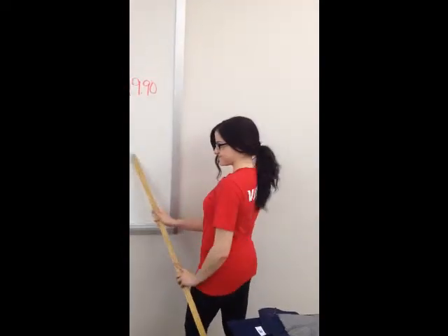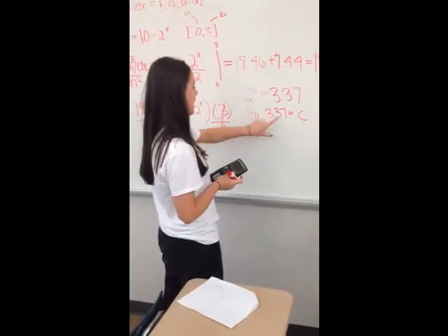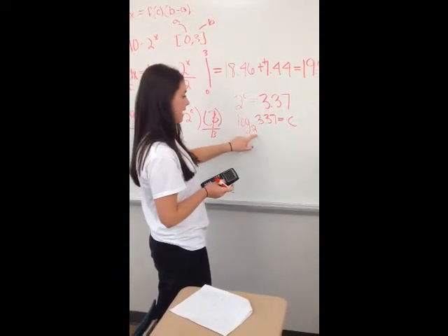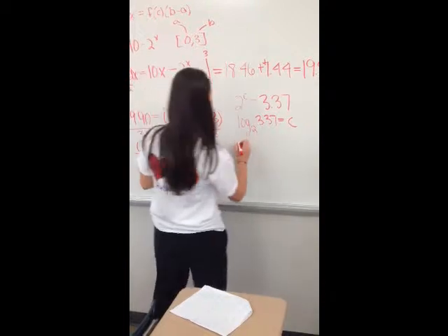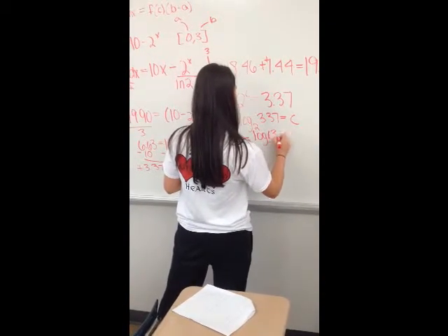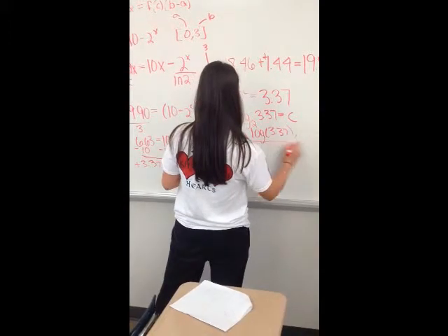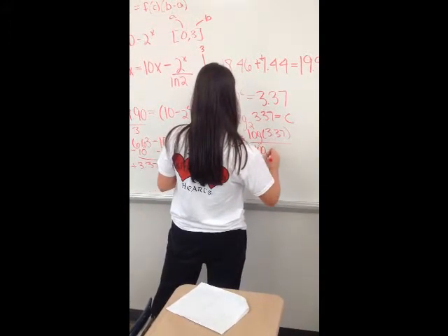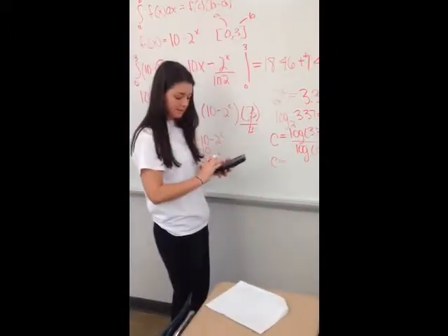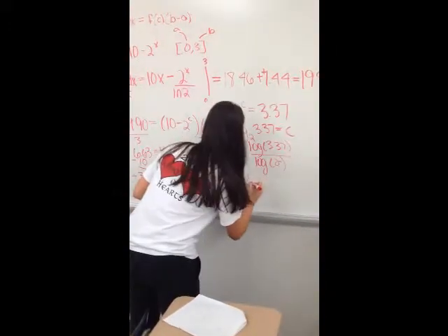Now to solve for c, what you can do is take the log of the top divided by the log of your base, and you get c. So c would equal the log of 3.37 over the log of 2, and you would get 1.75.